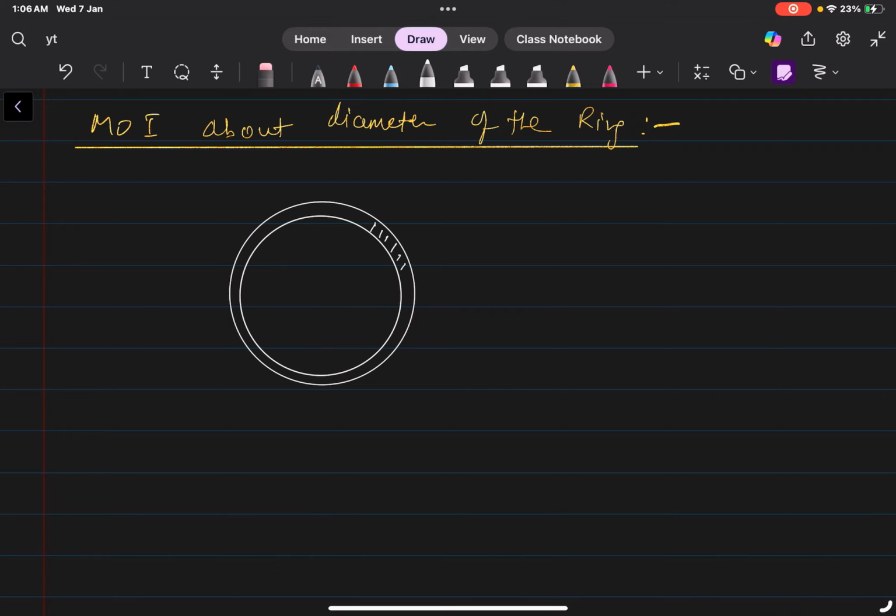Suppose this is the z and z dash component, and about the diameter we are finding the moment of inertia. Suppose this is I d and this is I d, and this is the y and y dash component, and this is x and x dash component.